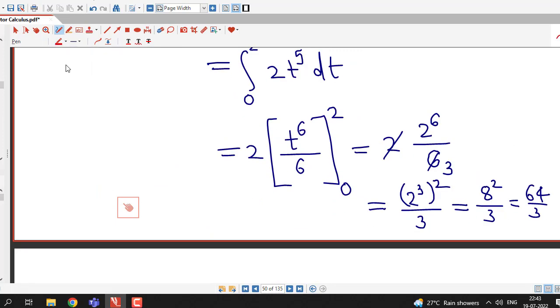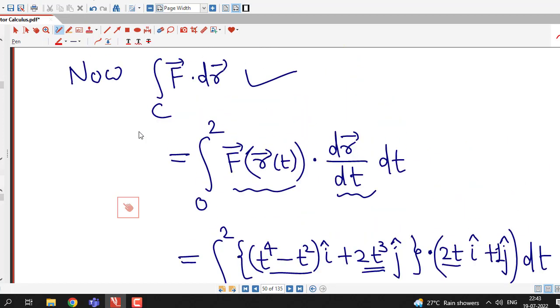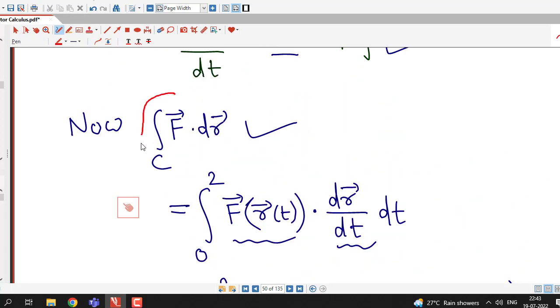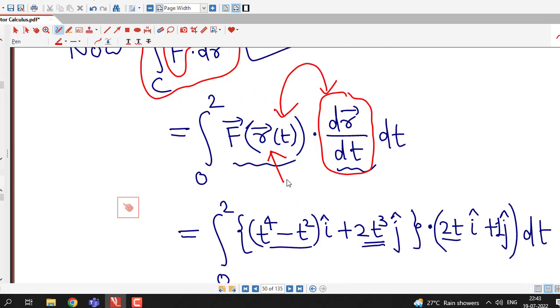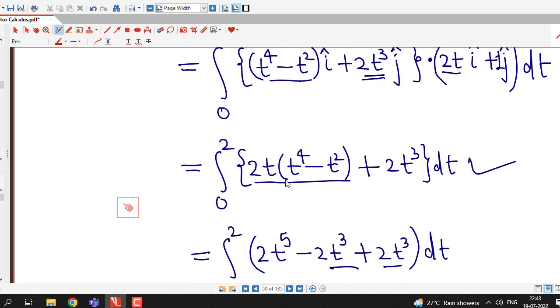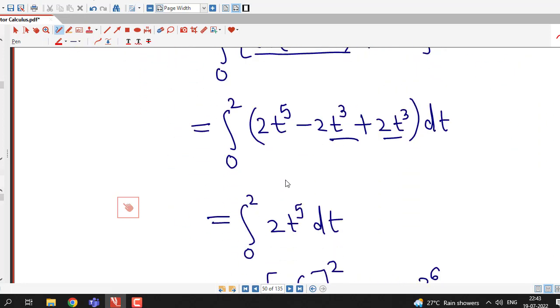So you can see this is very easy. What we have done, we are asked to evaluate this line integral. So first we use the parametric representation and we find the vector derivative of r bar with respect to t. We also convert our vector function f bar in terms of t, and then we take the dot product of these two vectors, and that will give us a real definite integral with respect to t.